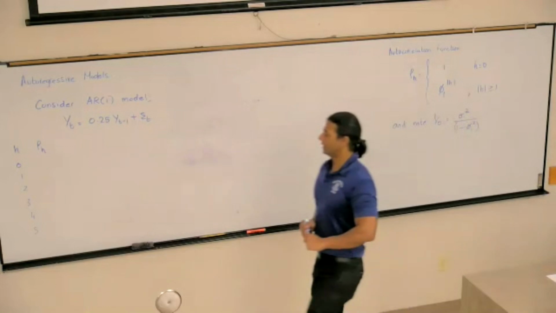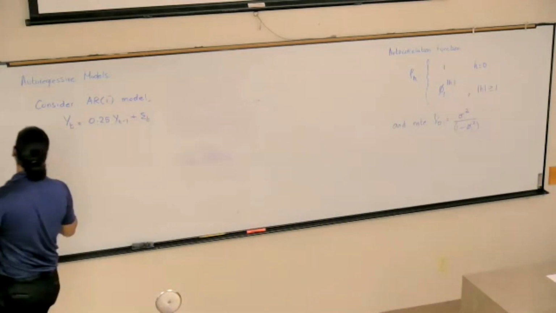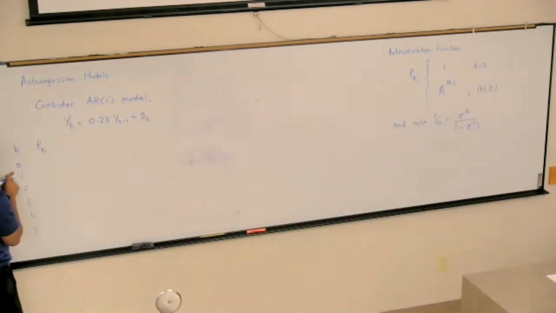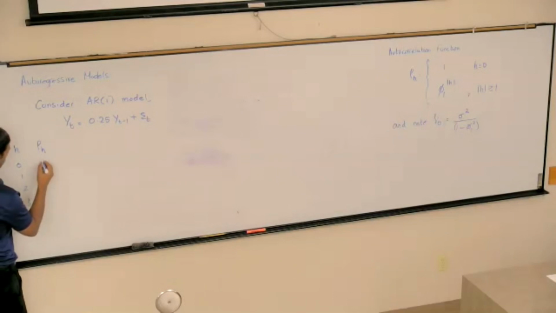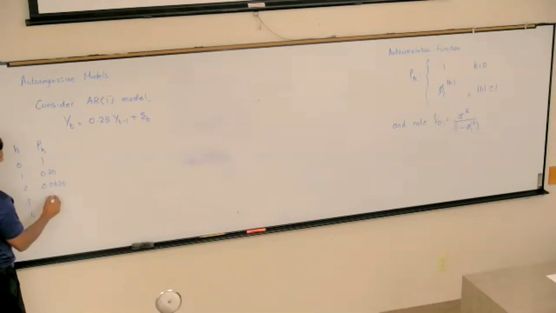So the value of rho_h when h is 0 is always 1. And here, 0.25, 0.0625, 0.0156, and then 0.0039, 0.00098, I guess.